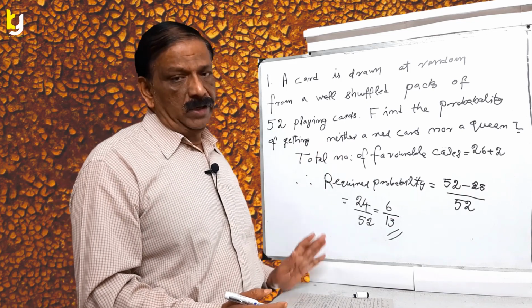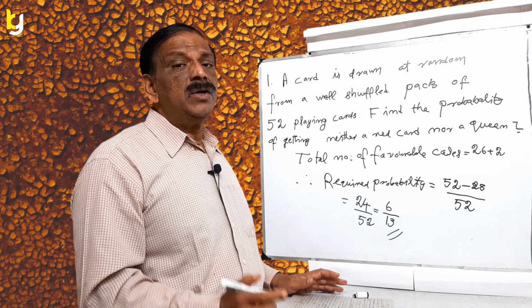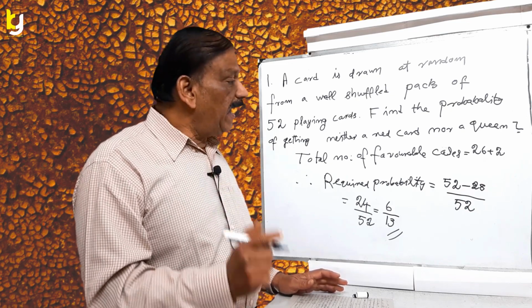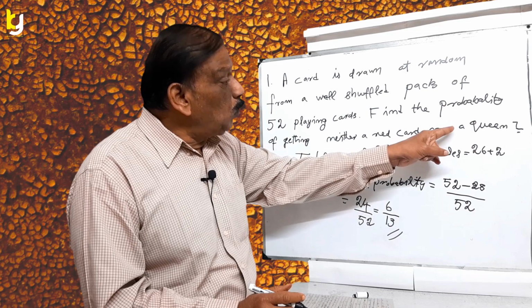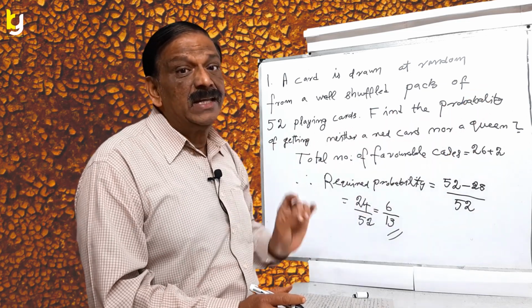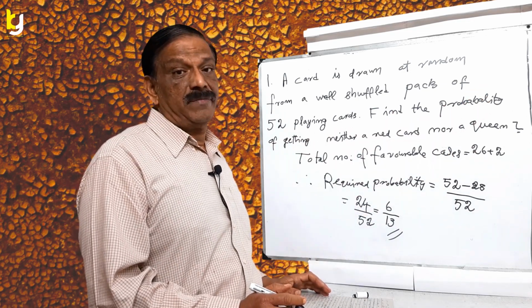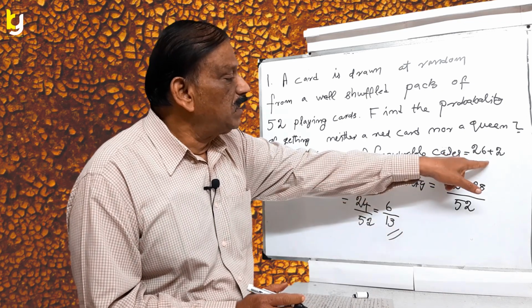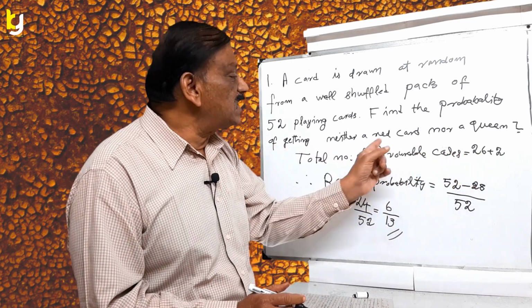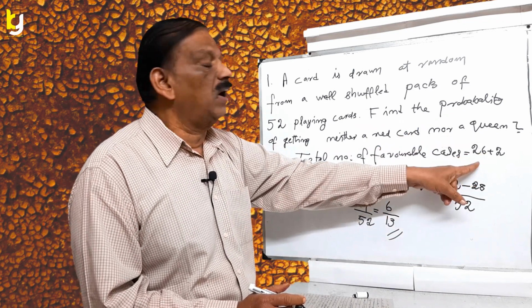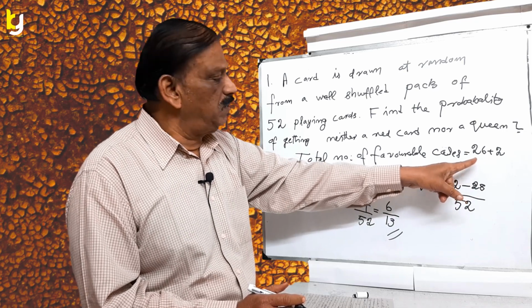The total number of red cards will be 26, and the remaining 2 queens will be there in the set of black cards. So 26 plus 2 is 28. This is neither a red card nor a queen card. That is the total number of such cards, 28.